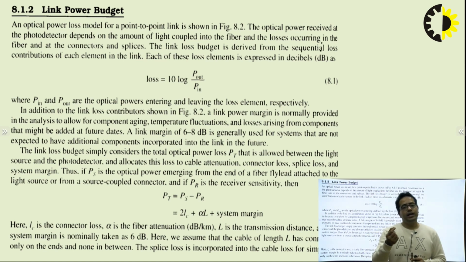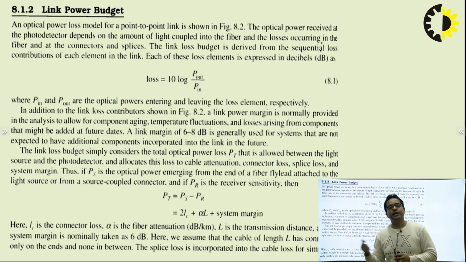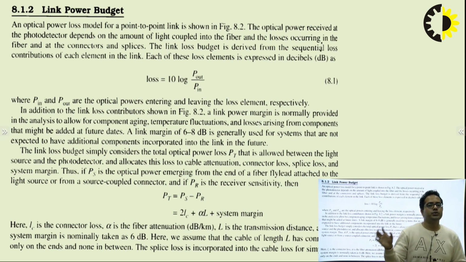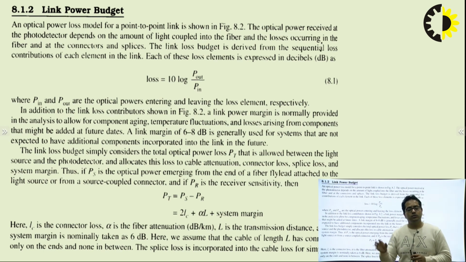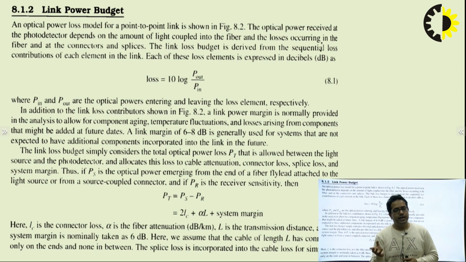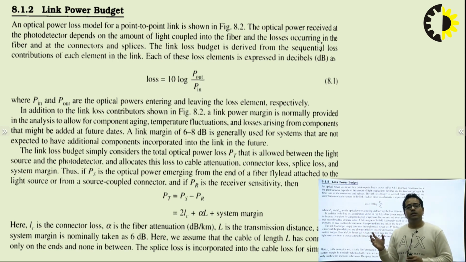The moment we move to 150 kilometers or 110 kilometers, that signal strength will definitely be further reduced to a critical value, below the threshold value which can be easily detected by the receiver. So at that point we need regenerators that can regenerate the original signals, right?